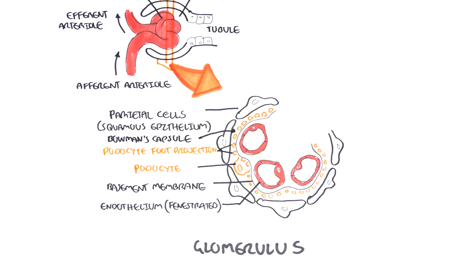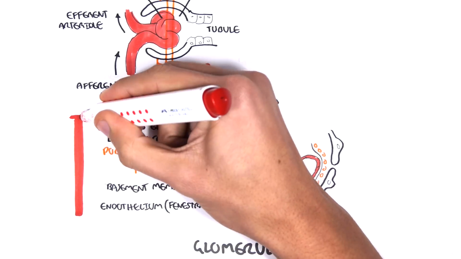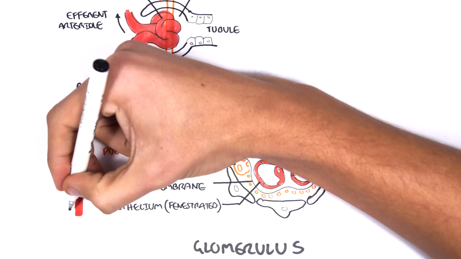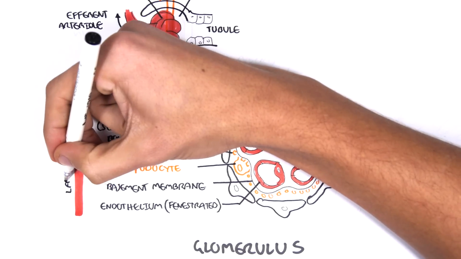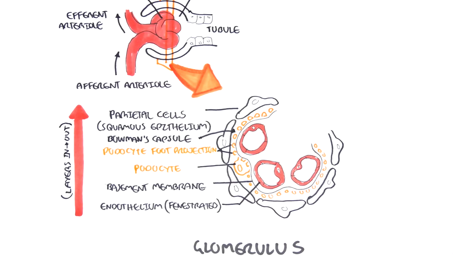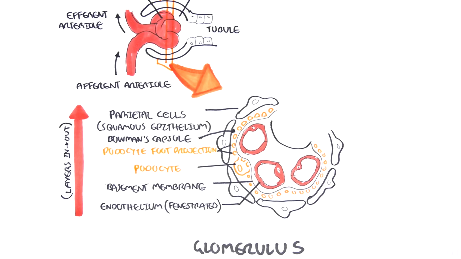So you can say the deepest layer is the fenestrated endothelium of the vessel, which contains within it the blood and other blood components. And moving out, going to the next layer, we have the glomerular basement membrane, or GBM. Then we have the podocyte and its foot projections, the Bowman's capsule, and finally the parietal cells that house the glomerulus.